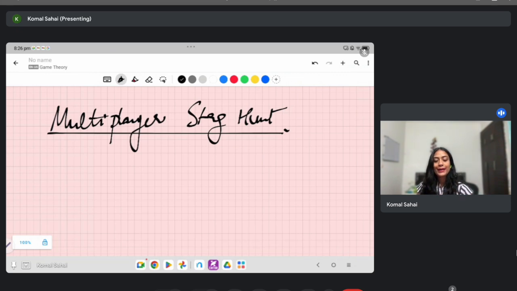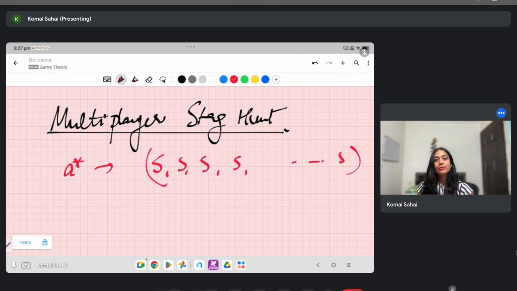And what you will find is that in this game also the action profile where everyone chooses stag, n players हैं, सबके सबने stag choose किया है. This is a Nash equilibrium, as well as this where everyone goes for hare is also a Nash equilibrium, and it makes sense, right?